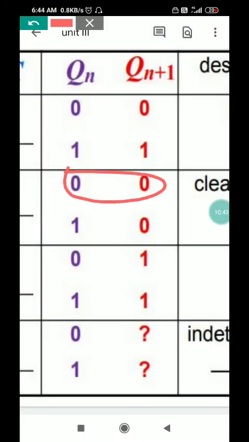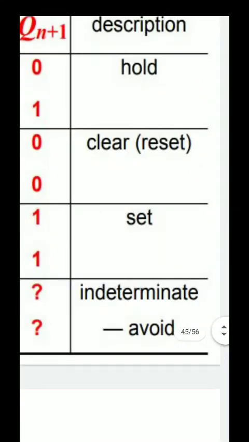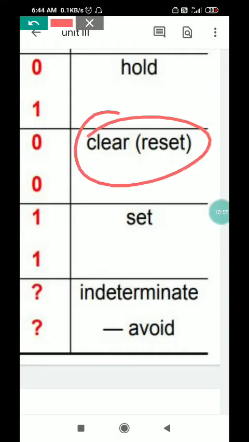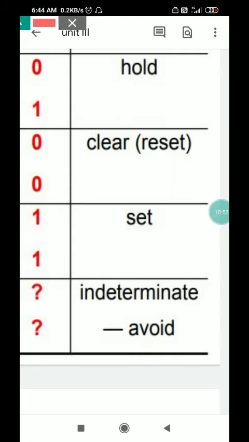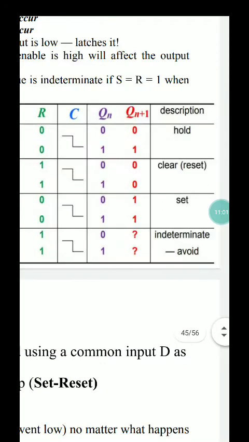But if there was 1, it will be made 0. That is your reset. So in the description column, it is said clear or reset. Depending upon different authors, some call it clear, some call it reset, etc.